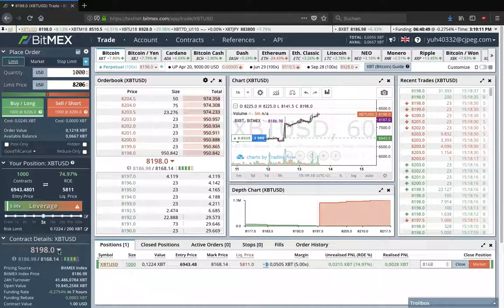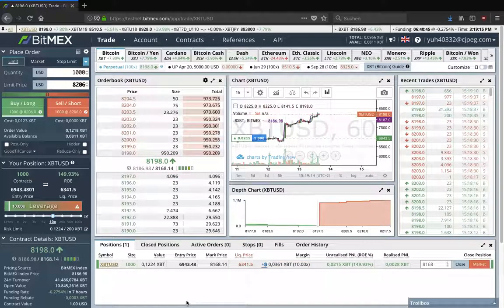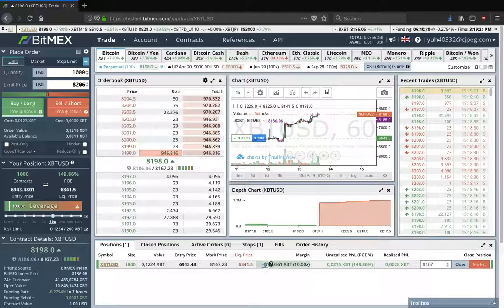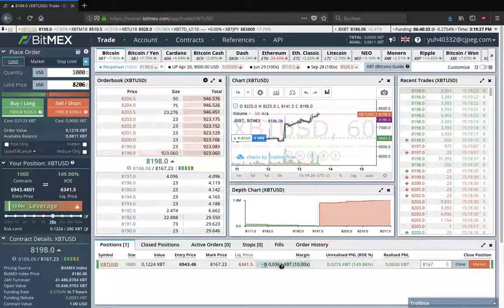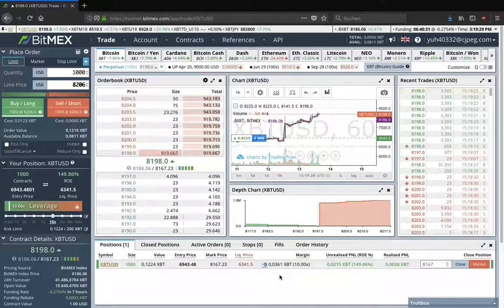So what happens if I, for example, slide it to 10x leverage? My liquidation price went way up, but the amount of money or margin I'm risking in my account went lower, from 0.05 Bitcoin to 0.03 Bitcoin. I'm using 10x leverage now, as you can see here also.